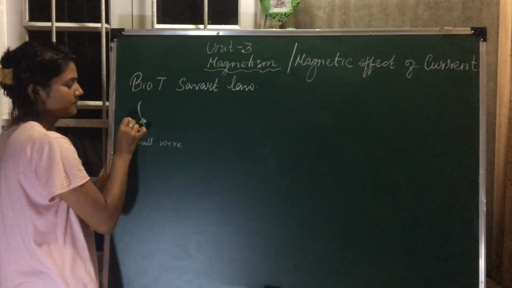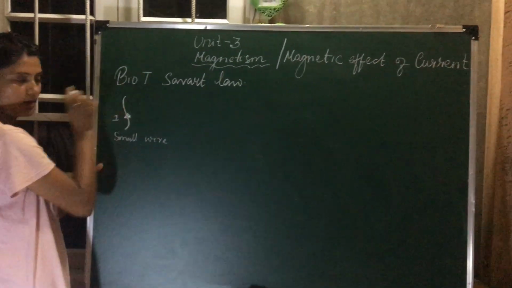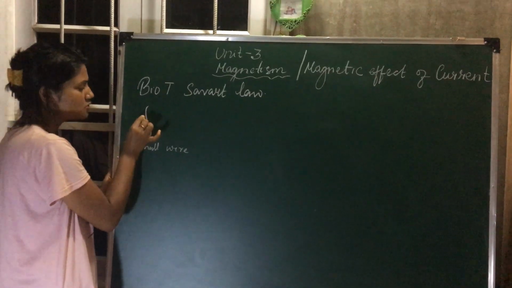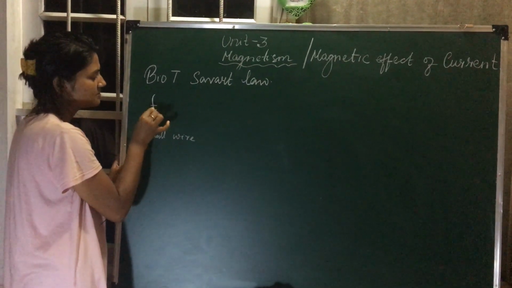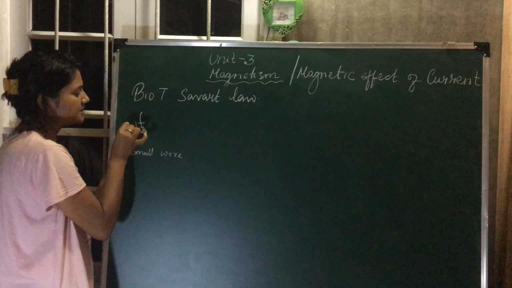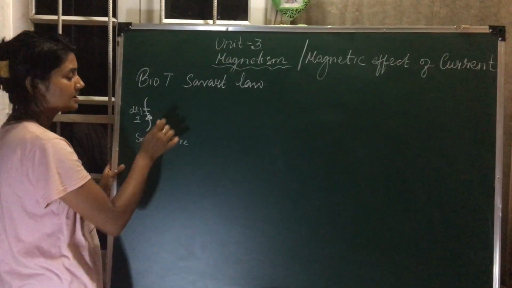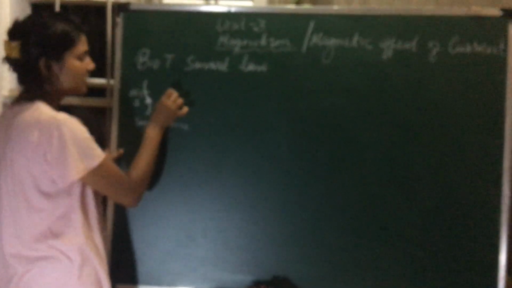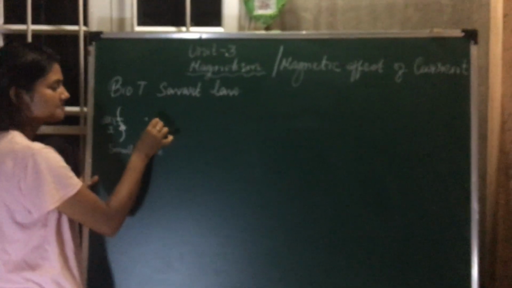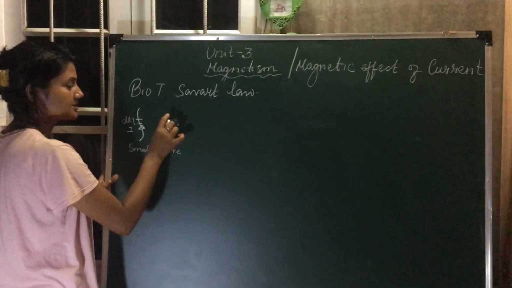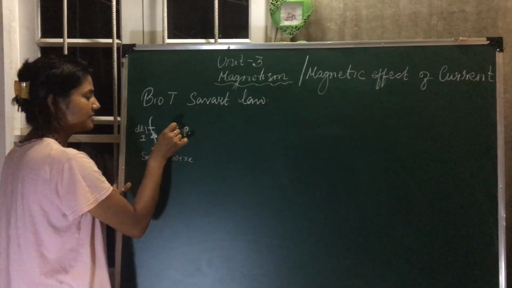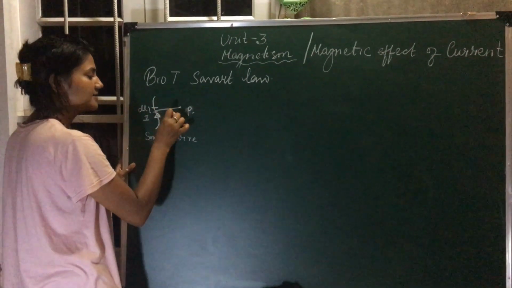Due to this elemental section, say this elemental section is dl, a very small length, at r distance away, say this point is P, at the distance of r.